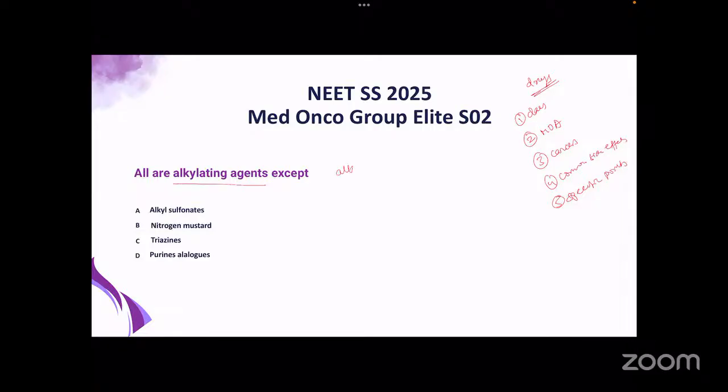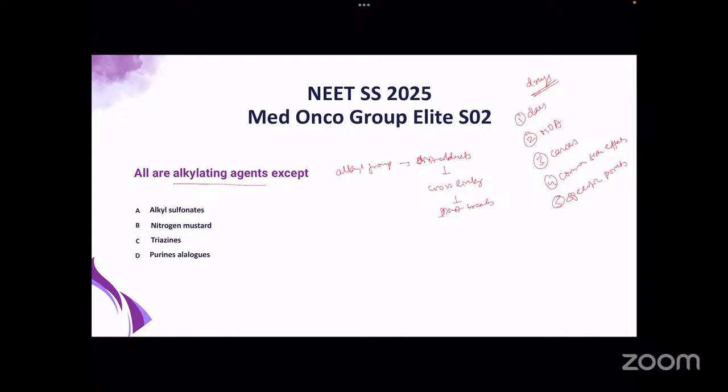So what are alkylating agents? There is an alkyl group which goes and forms DNA adducts, which causes cross-linking and then DNA breaks, correct? So this is an alkylating agent.